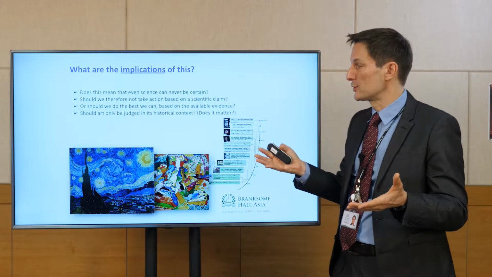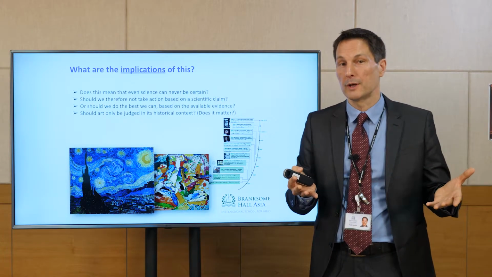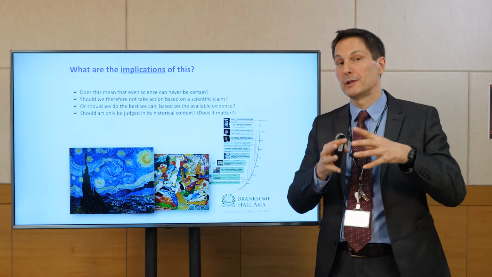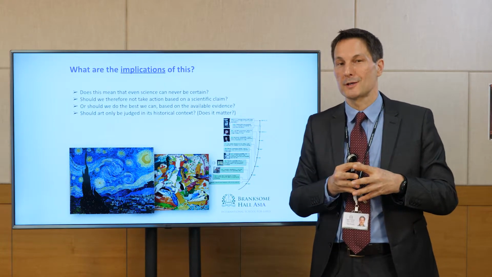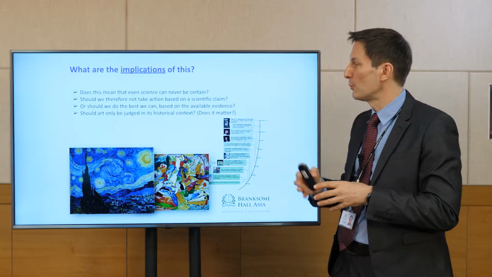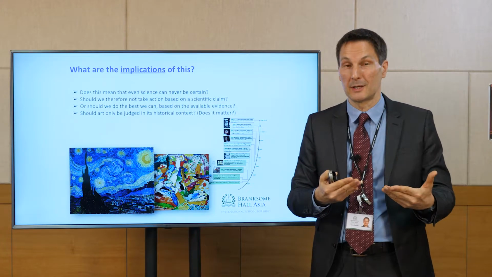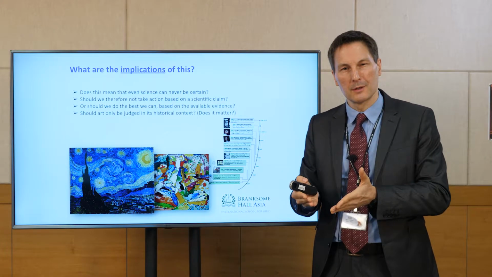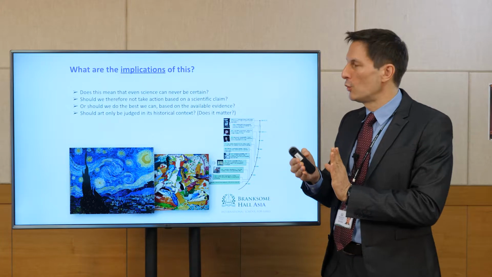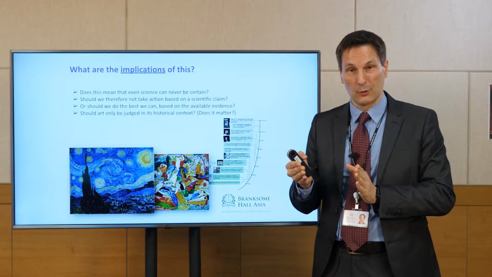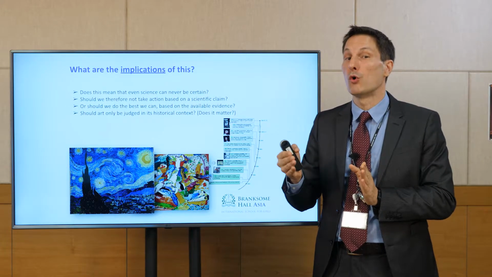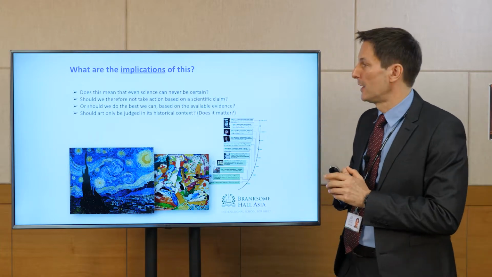And one of the big questions of our time, of course, is global warming. And we know that roughly 98–99% of scientists agree that global warming is caused by human activity. But what about the 1%? So at what point do you say we should take action? And at what point do you say, actually, we need more certainty, more evidence?